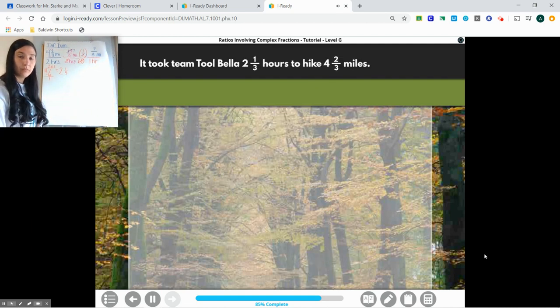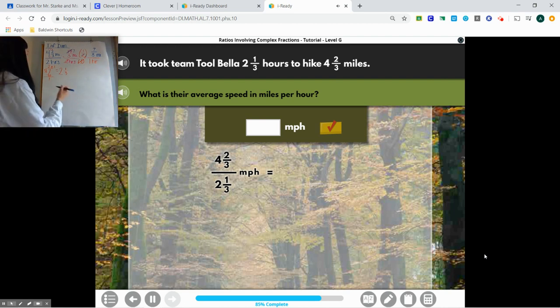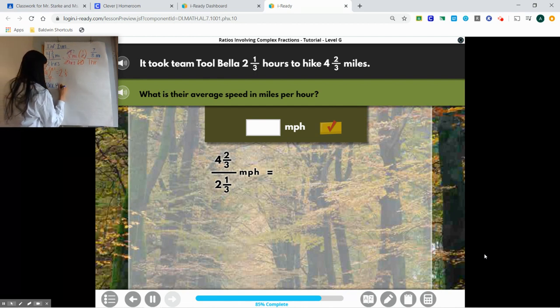It took Team Toolbella 2 1/3 hours to hike 4 2/3 miles. What is their average speed in miles per hour? So we have 4 2/3 miles divided by 2 1/3 hours.